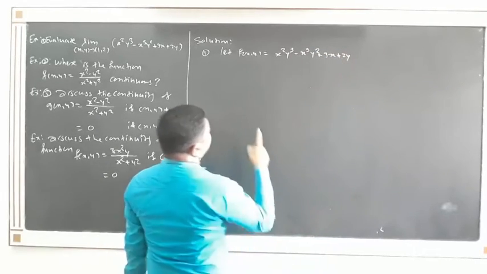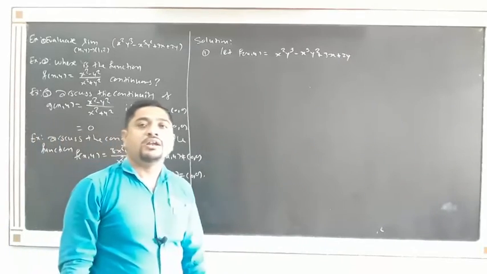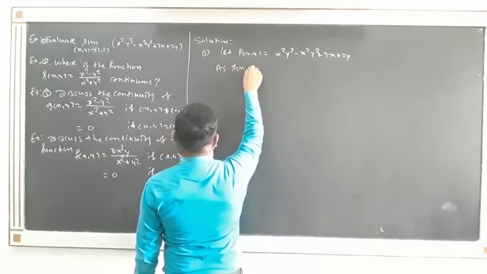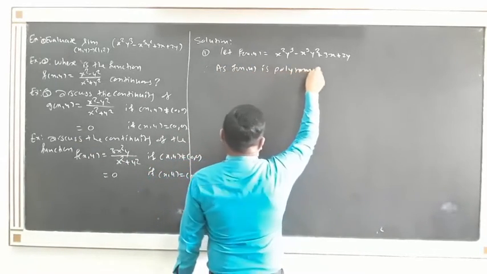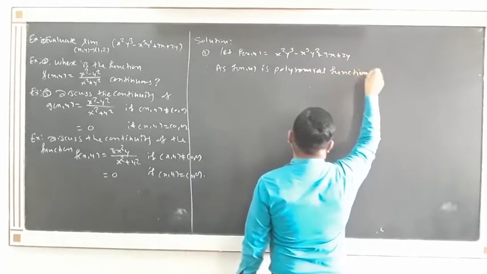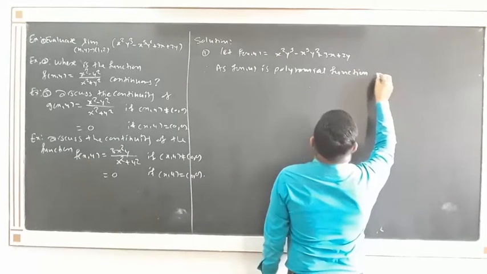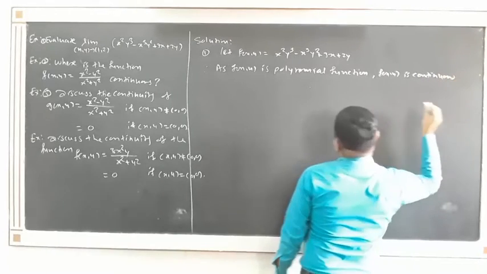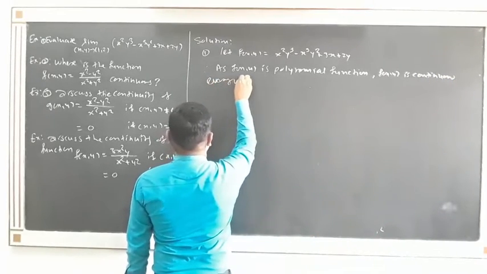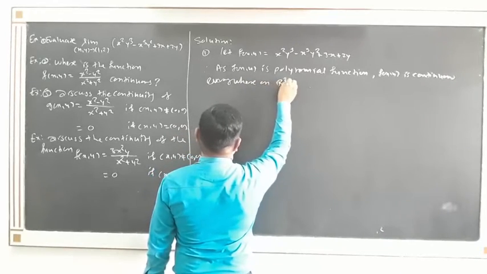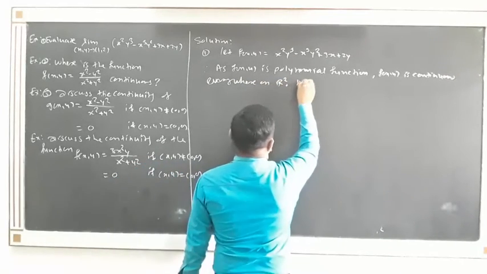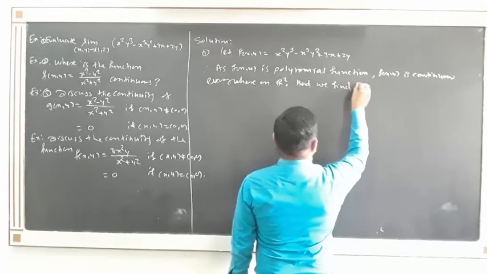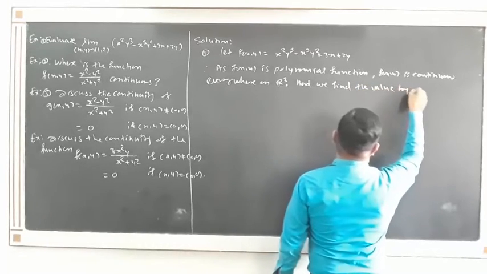It is a polynomial function, therefore it is continuous at every point. As f of xy is a polynomial function, f of xy is continuous everywhere on R square, and we find the value by direct substitution.